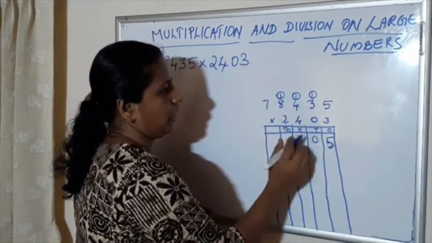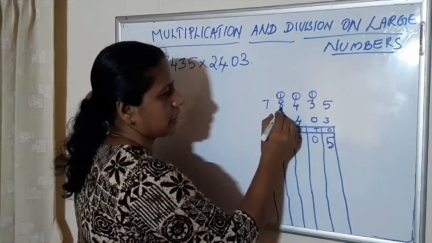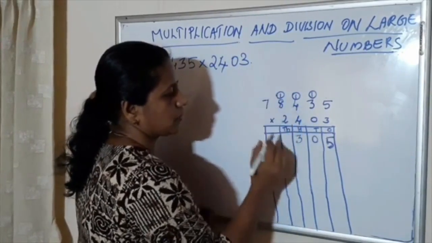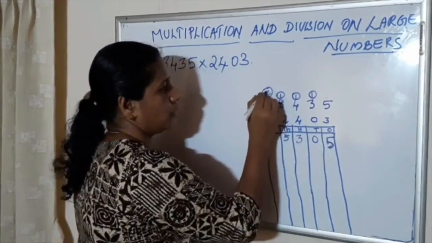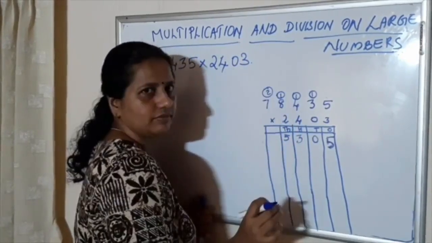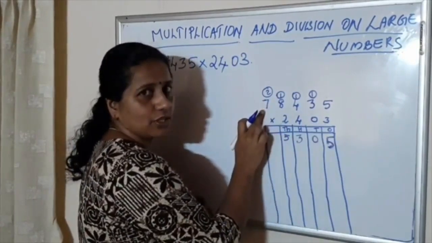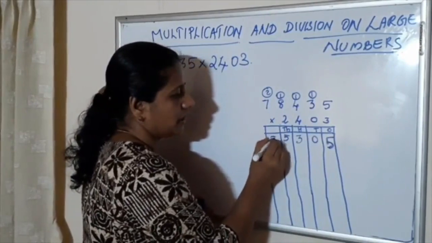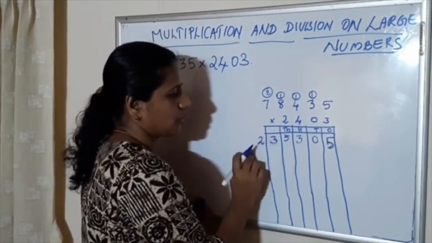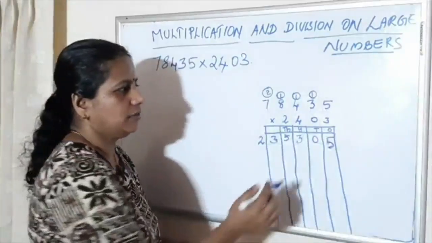Carry over 1. Next 3, 8, 24. 24 plus 1, 25. Carry over 2. Not 1. Next 3, 7, 21. 21 plus 2, 23. So write 3 here and 2. That is 23. Okay.